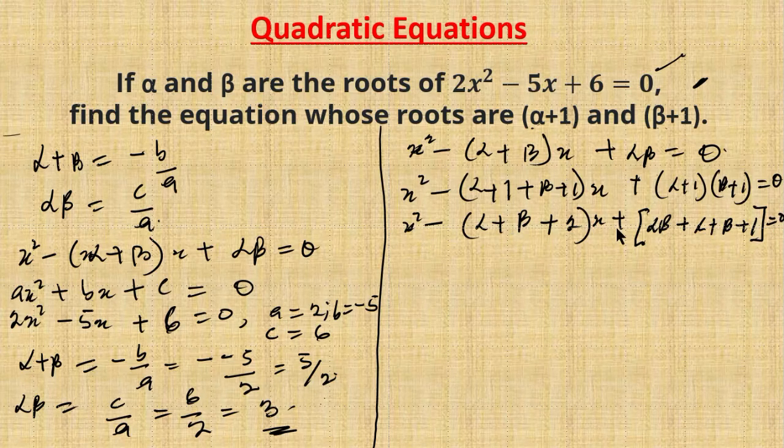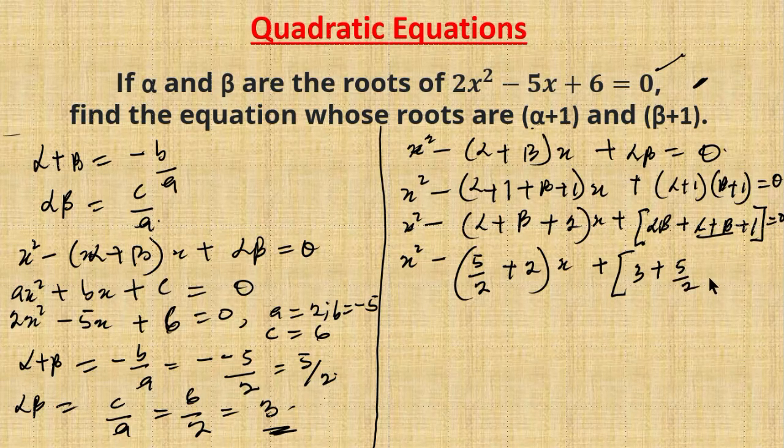Now I can begin to substitute for alpha plus beta and for alpha beta to form my new equation. So my new equation will look like x squared minus (5 over 2 plus 2) x plus (alpha beta, I'll pick 3, that will be 3 plus alpha plus beta, that's 5 over 2, plus 1) equals 0.